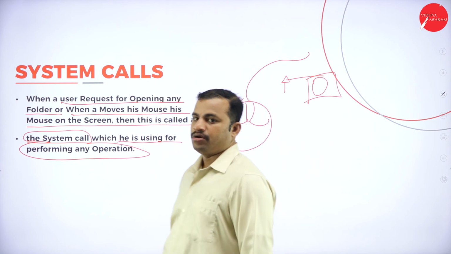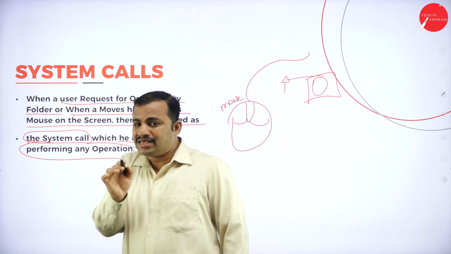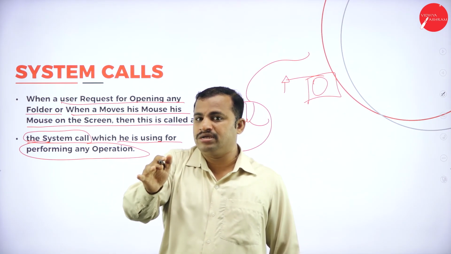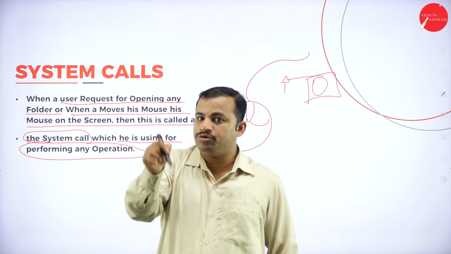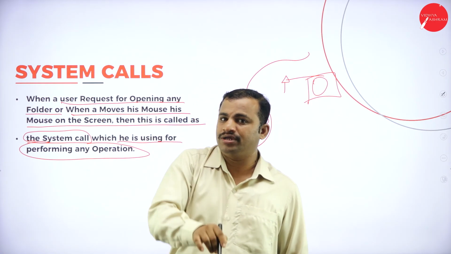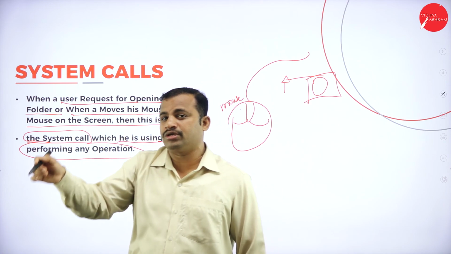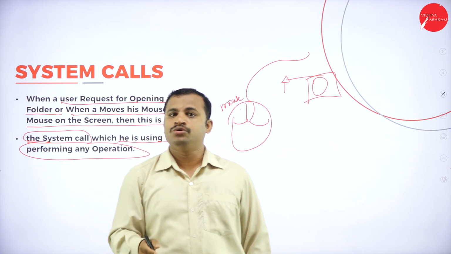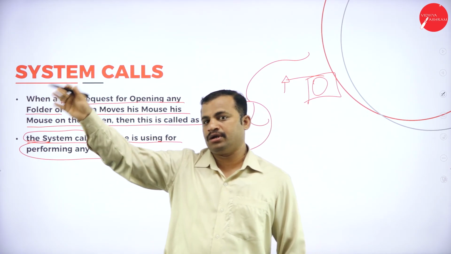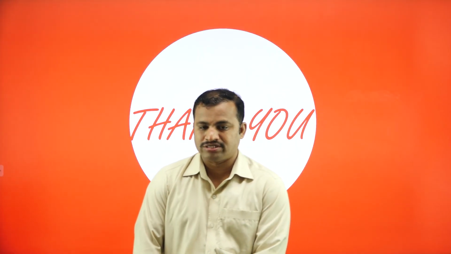That is one of the system calls. As soon as you move your cursor, a system call is generated from user level to system level, so that the hardware devices connected to the computer can move the control from one place to another. This is how system call operations work.